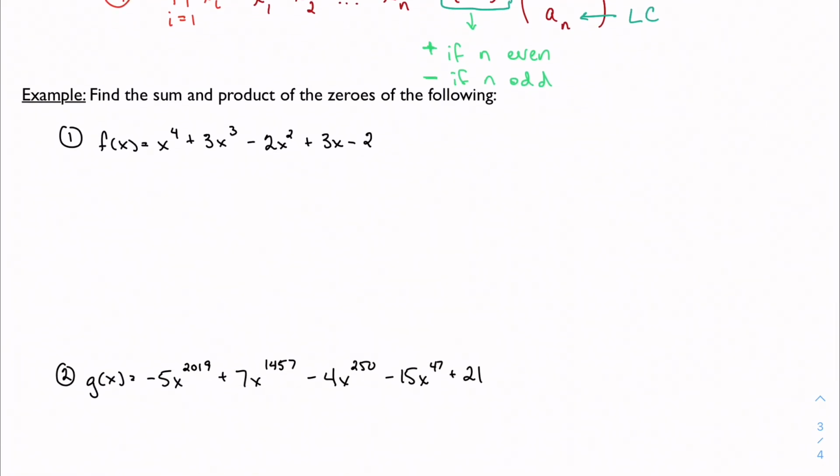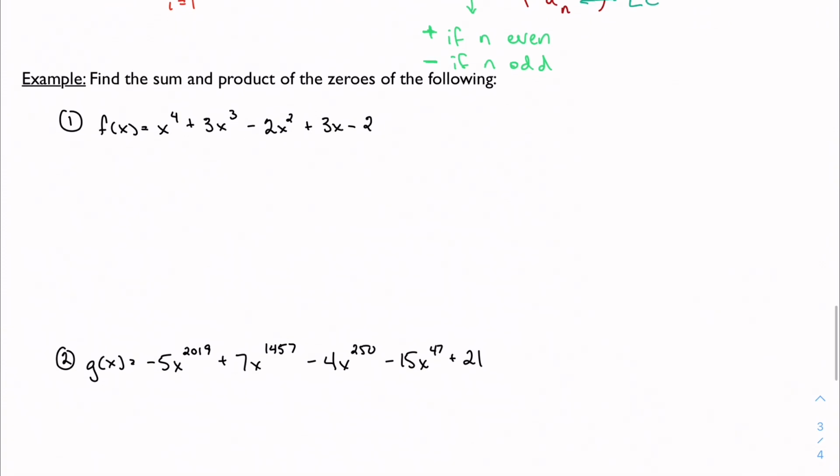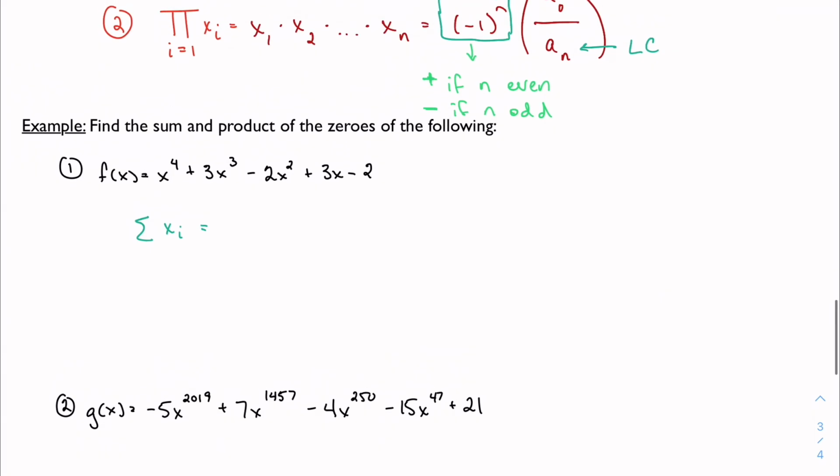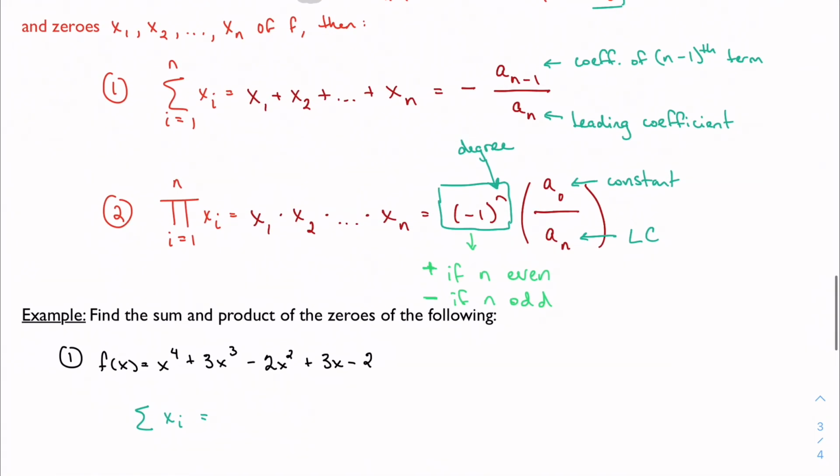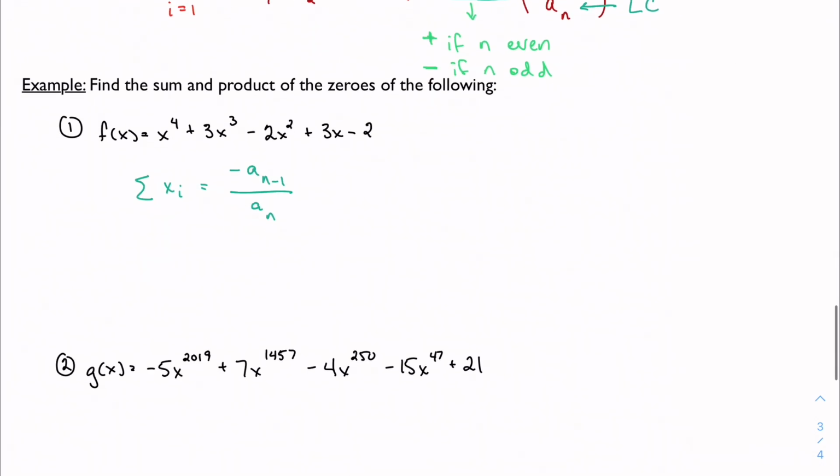So I want to find the sum and product of the zeros of the following polynomials. Let's talk about the sum first. We're going to use my sum formula. I like to write it in general first, and then I'll plug in. My degree is 4, my highest power here is 4, so a sub 4.